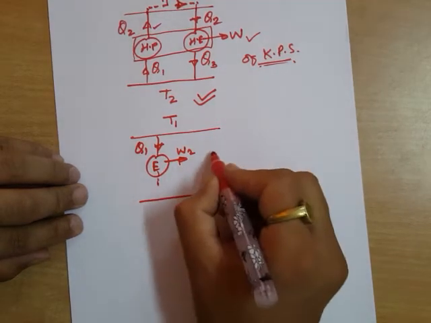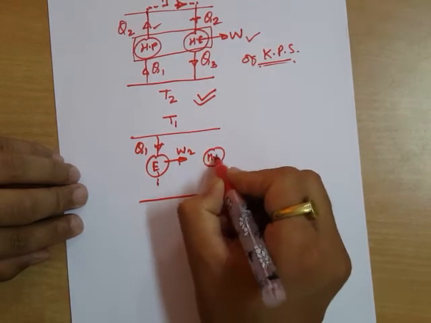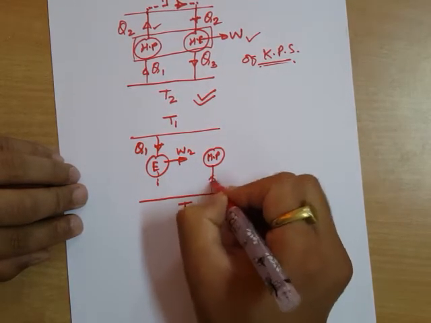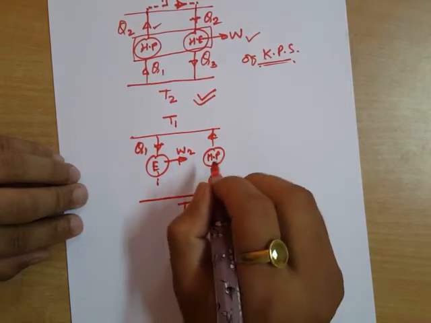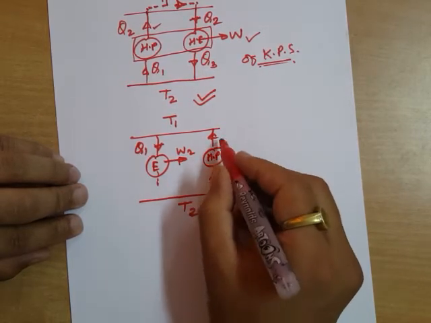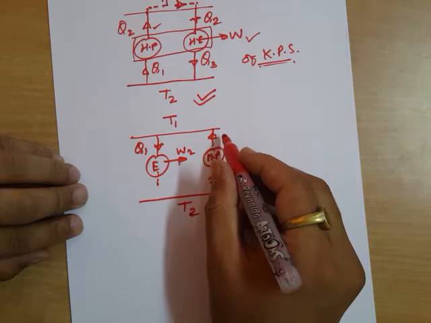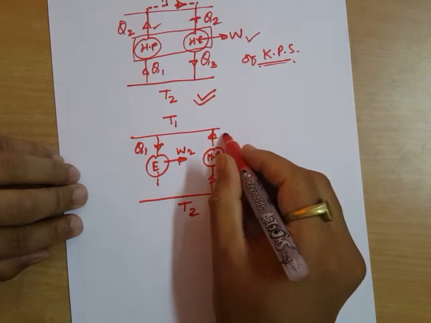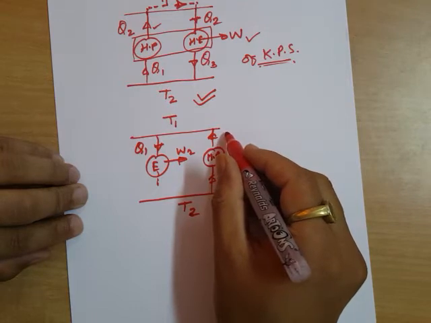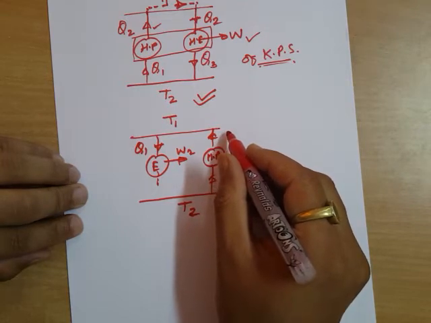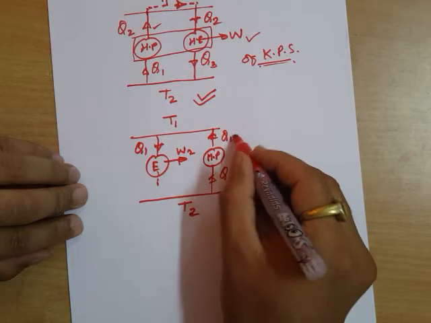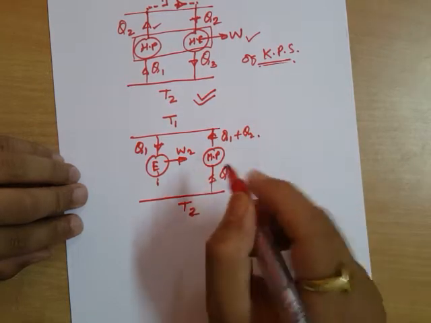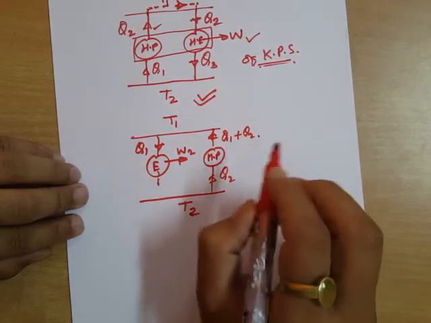Now consider a heat pump working between the same temperature limits. What is it doing? It is taking Q2 amount of heat from here and delivering some amount of heat, say Q1 plus Q2, to this reservoir.